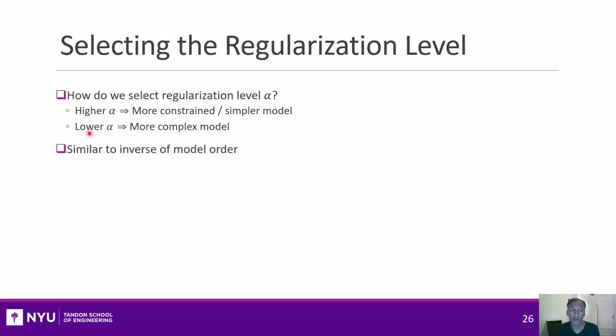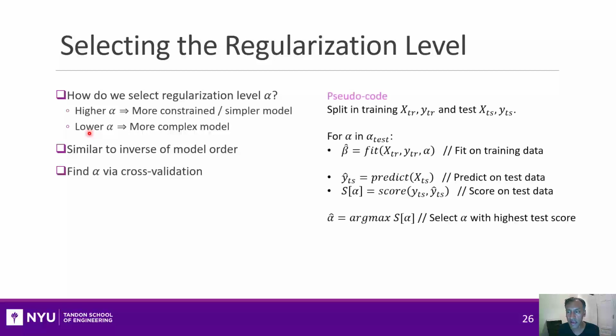Now this might sound familiar because it's really exactly what we were doing with model order, or sort of the inverse of model order. Higher alpha means a simpler model, which is kind of like having a lower model order. And lower alpha is the opposite. And how did we decide model order? Well, we use cross-validation. So we can do the exact same here. So a very simple sort of pseudocode is I would split it into training and test.